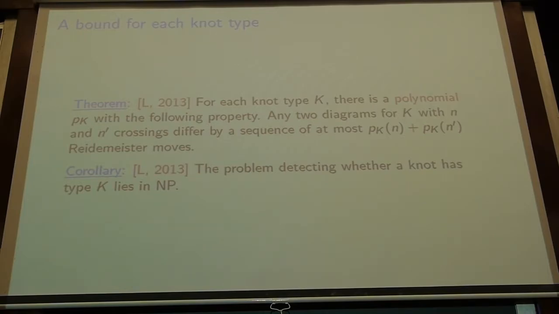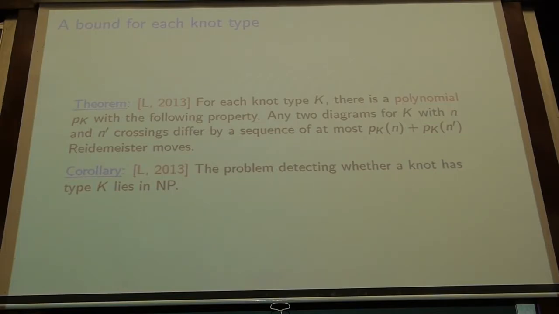But it's also in co-NP. Co-NP meaning that if it's non-trivially knotted, then there's a polynomial time certificate which certifies that it's non-trivially knotted. So this result is due to Ian Hegel, and also another version of the result, assuming the generalized Riemann hypothesis, was written down in detail by Greg Cooper.